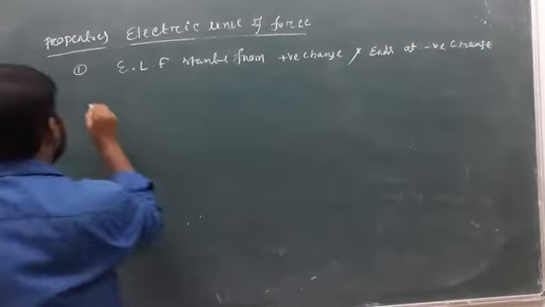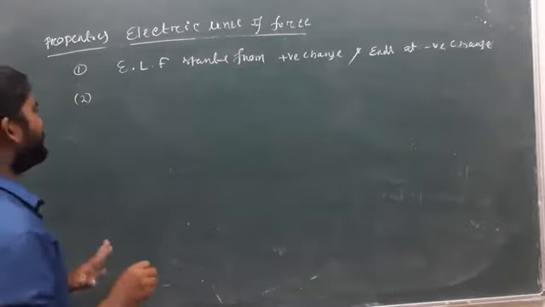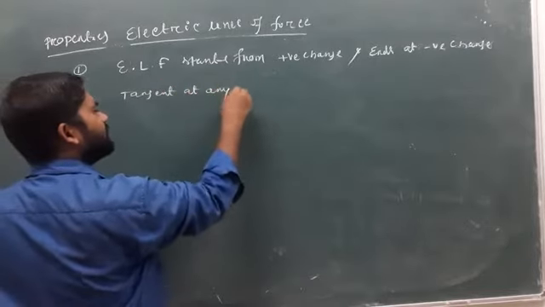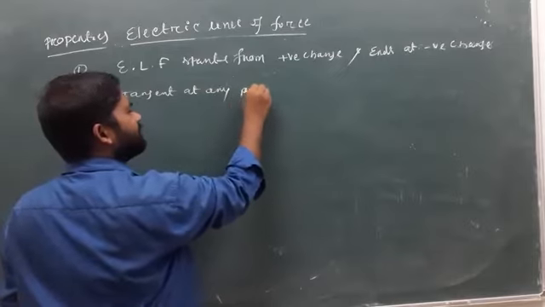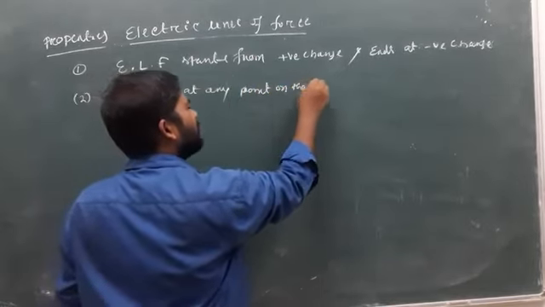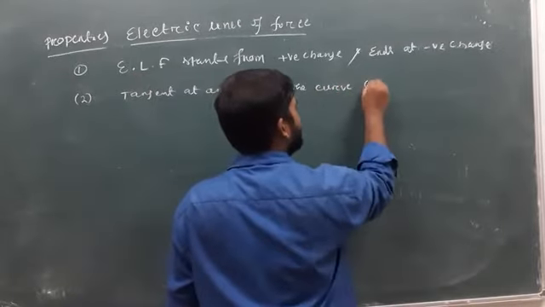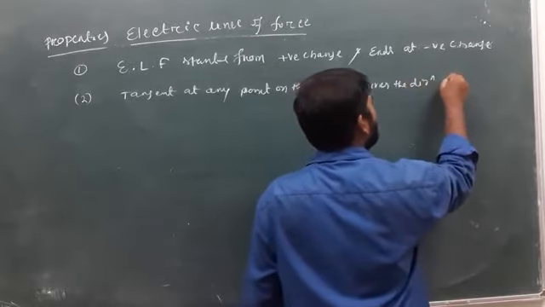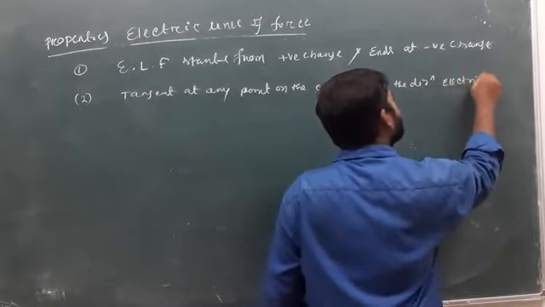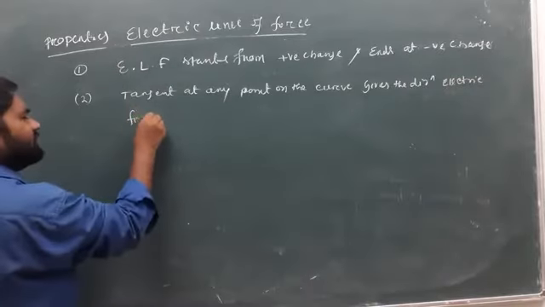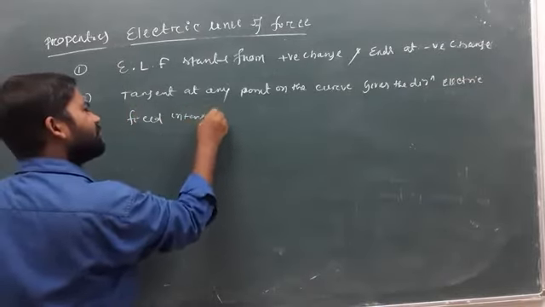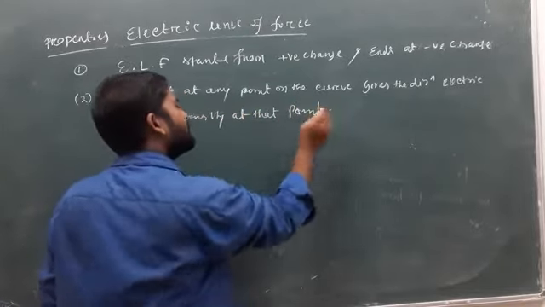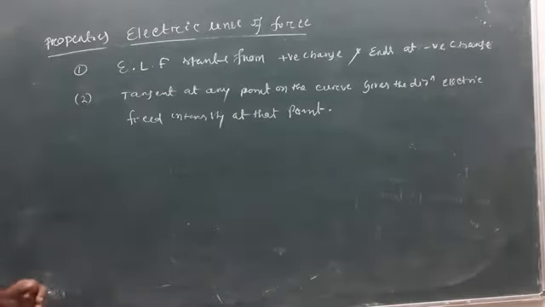Second: a tangent drawn at any point on the curve gives the direction of electric field intensity at that point.